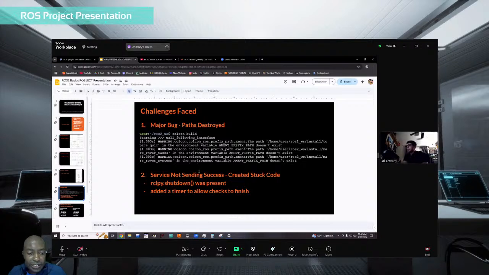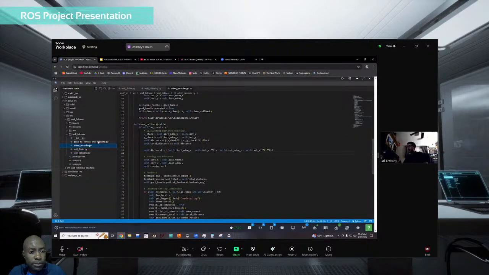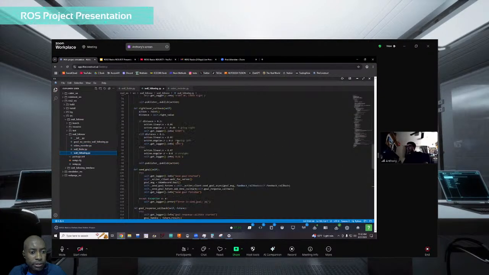So the service was not creating a success message, like it was not sending it as you saw it do now. The problem was that I had the rclpy shutdown, so that was happening, and the logic did not have enough time to check. So not only did I delete this, but I also added a timer because the logic checks every second.